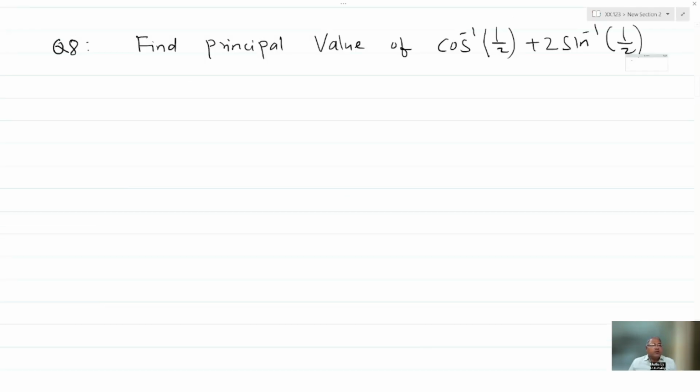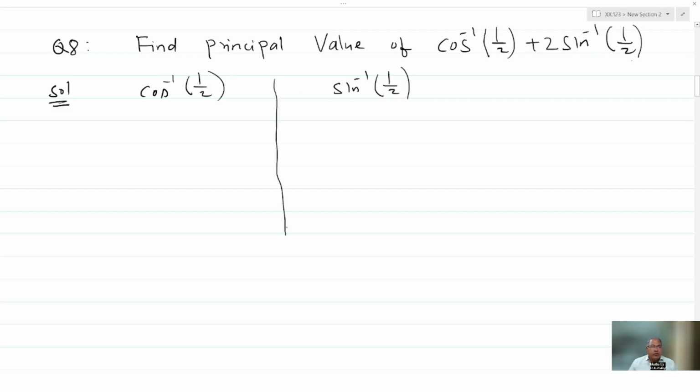Example 8. Find the principal value of cos inverse of 1 by 2 plus 2 sin inverse of 1 by 2. Solution. First of all, we make two columns, one for cos inverse 1 by 2 and another for sin inverse of 1 by 2. Now we'll find the principal values for both. Let cos inverse 1 by 2 equal x.